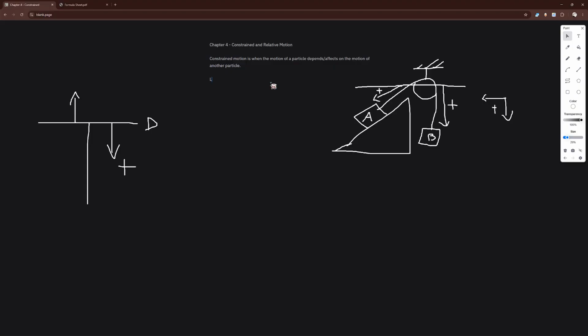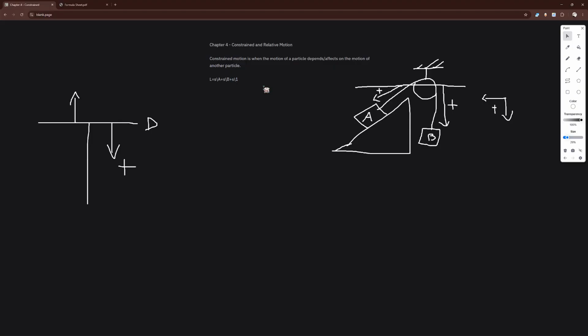So you're going to have L, which means length of the pulley, and it stands for total length, is equal to the distance from the datum to A, so SA, plus the distance from datum to B, so plus SB, plus there's this bit of string or rope that's above the datum. We can just call that S1, or you can call that whatever you want. You can also completely ignore it if you want to. Not right now though. That's for something else.